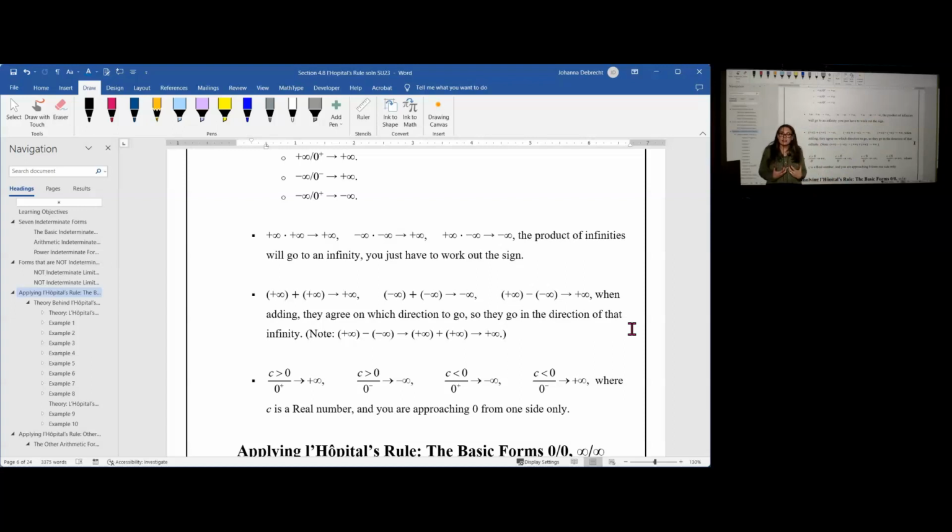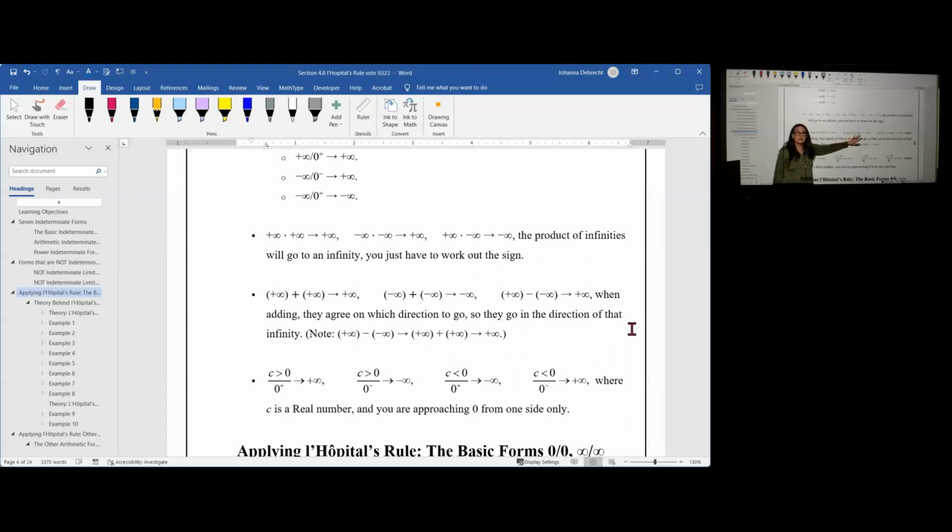Adding and subtracting is problematic when one is positive and one is negative, but that's not the case with the ones we see here. If one function wants to go to positive infinity and you're adding another function that also wants to go to positive infinity, then it will go to positive infinity.